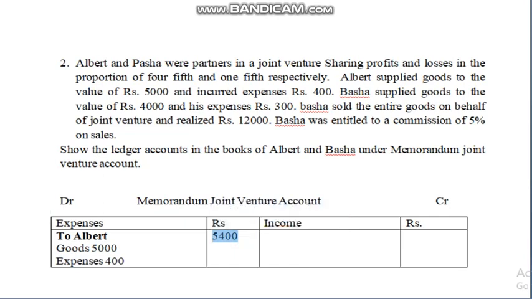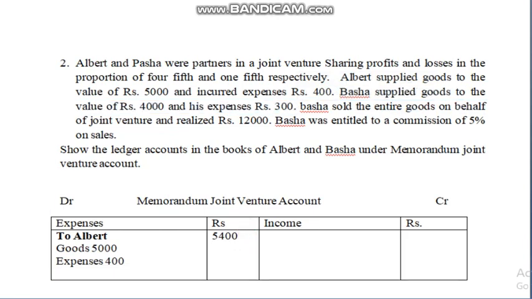Now come to the next transaction. Basha supplied goods to the value of rupees 4,000 and his expenses were rupees 300. So total 4,000 plus 300, 4,300, and these expenses were incurred by Basha. This is recorded on the expenditure side, so to Basha.